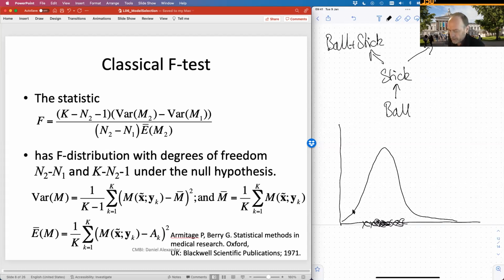That in turn means that if we evaluate our F for our one set of data, and we find that it's way out here in the wilderness of this F distribution where it should lie if the null hypothesis is true, that gives us the evidence to reject the null hypothesis and accept the more complex model. So it's a simple and classic statistical test that allows us to choose between two nested candidate models by comparing the variances of their residuals.